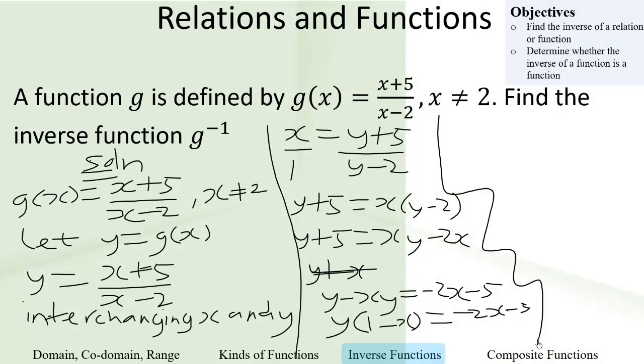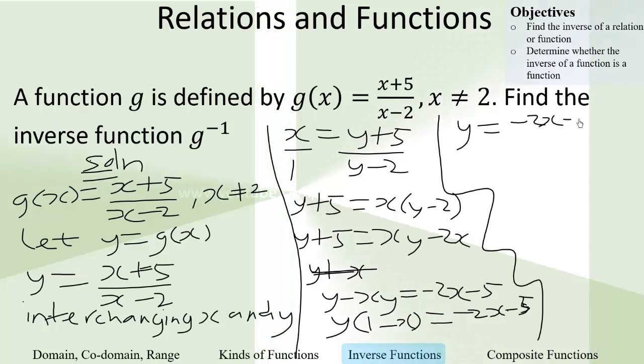So we can move on to divide through by 1 minus x. So this will give us y to be equal to minus 2x minus 5 all over 1 minus x.